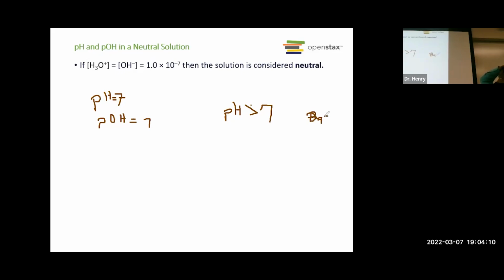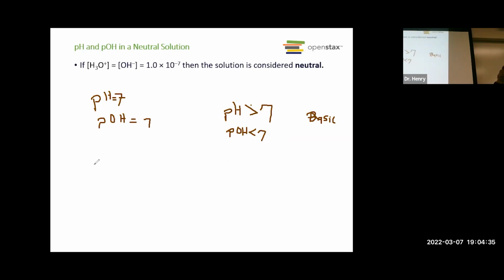And that also means the pOH is going to be less than 7, because it's going to act opposite, that's right. Which also means that it's a base, right?